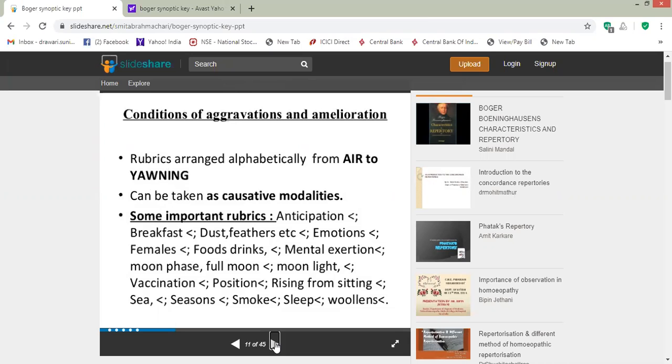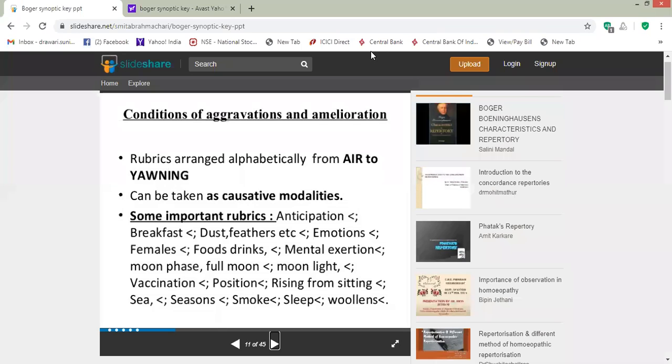Some important rubrics are anticipation aggravation, breakfast aggravation, dust feathers aggravation, emotions aggravation, females aggravation, foods, drinks aggravation, mental exertion aggravation, moon phase or full moon aggravation, moonlight aggravation, then vaccination, position, rising from sitting, sea, seasons, smoke, sleep, coolants, all these aggravations.